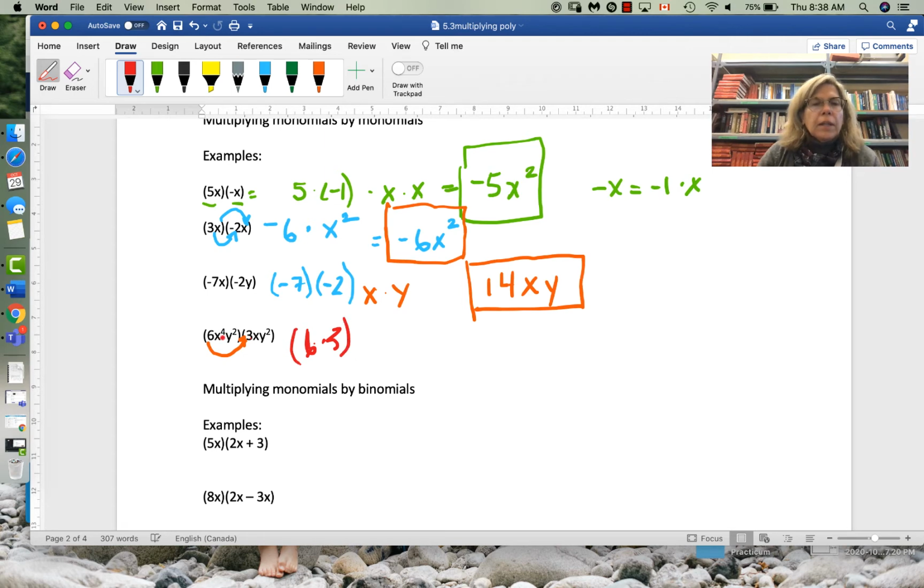And then x to the 4th times x. And then the last one is y squared times y squared.